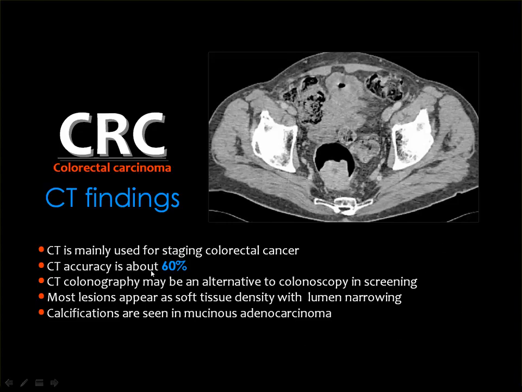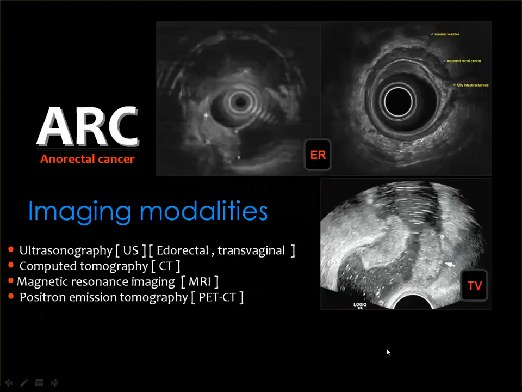The accuracy of CT is in the range of 60%, and CT colonography may be a helpful technique instead of colonoscopy, especially in screening. Most of the lesions are of soft tissue density with luminal narrowing or a polypoid mass projecting into the lumen. Calcifications are seen in mucinous adenocarcinoma.